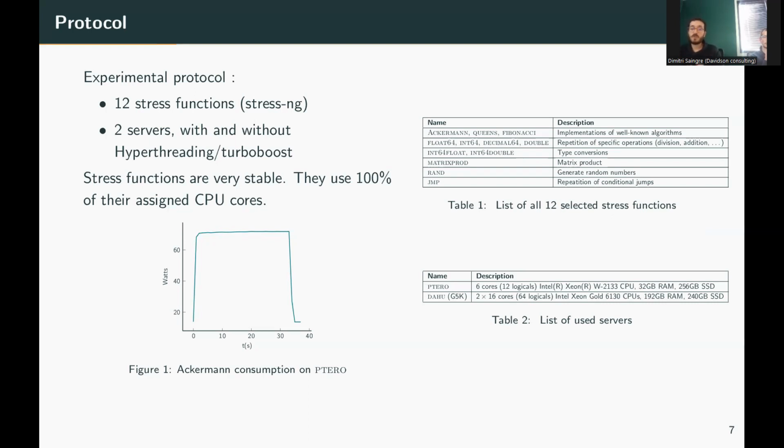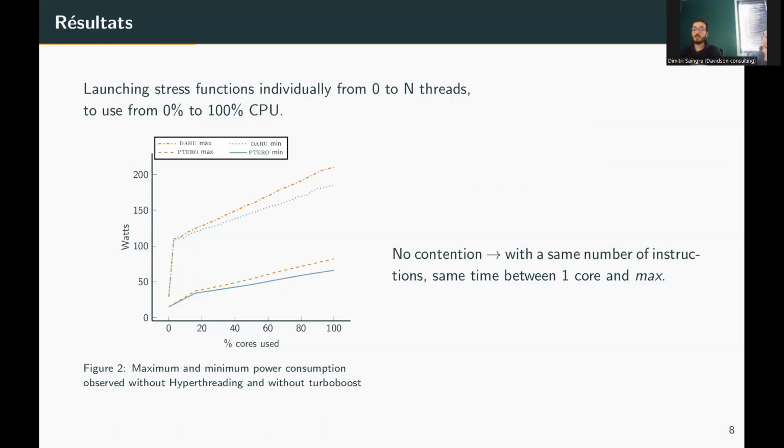For example, type conversion, implementations of well-known algorithms, conditional jumps, etc. Those functions are very stable and they always use 100% of the assigned CPU core. So if you run a stress function on one core, it will use the entire core for the whole workload. And these are very stable functions.